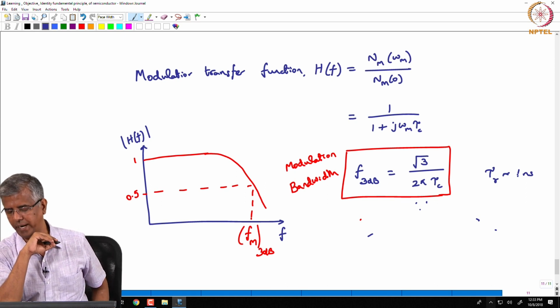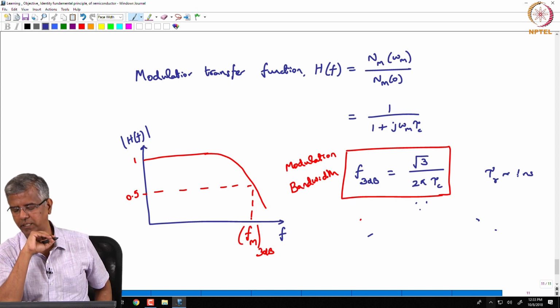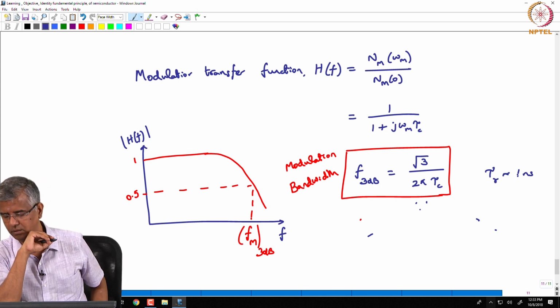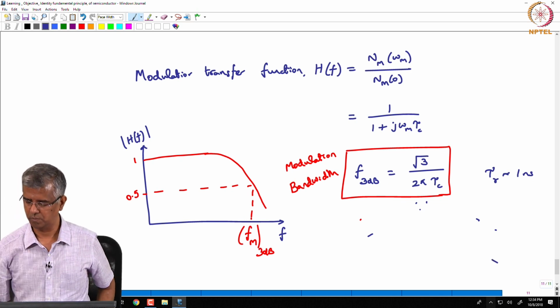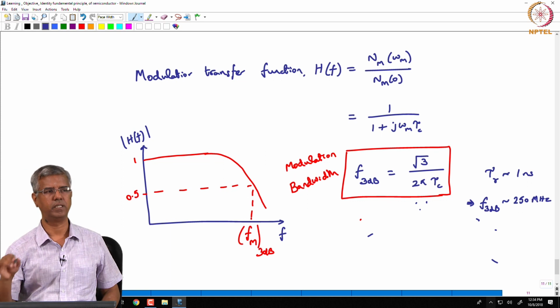If it is in the order of a nanosecond, that corresponds to a fraction of a gigahertz, right. So root 3 is 1.7, divided by 2 pi, f3 dB for this is probably in the order of 250 megahertz, something around that.